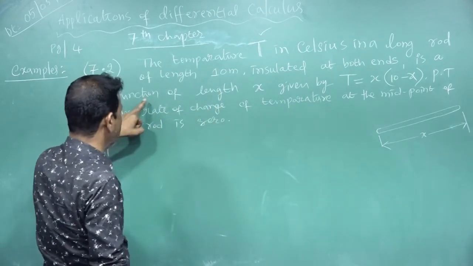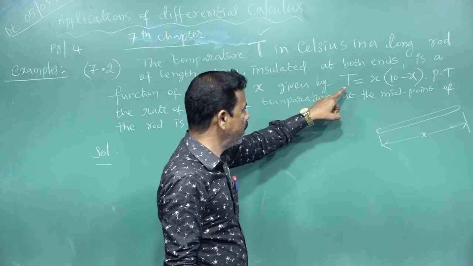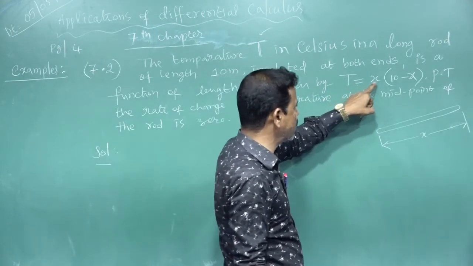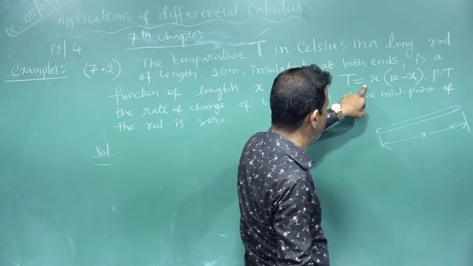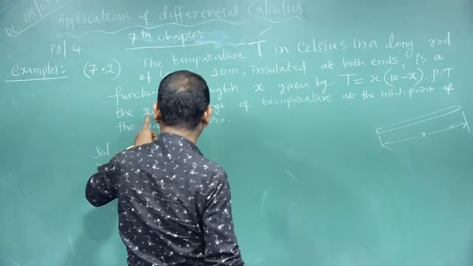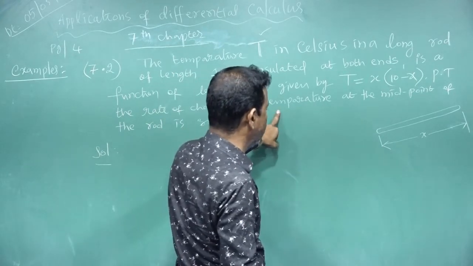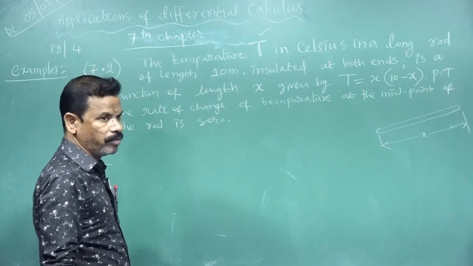T is a function of length x given by T = x(10 - x). This is the function of T in terms of x. Prove that the rate of change of temperature at the midpoint of the rod is 0.